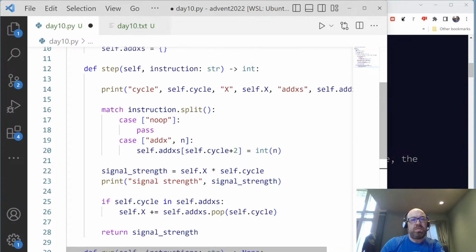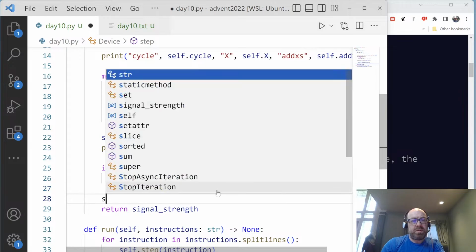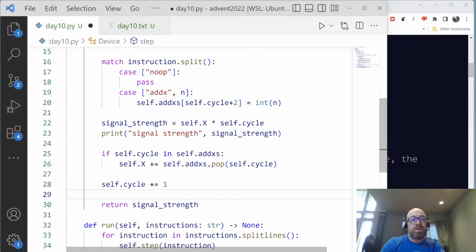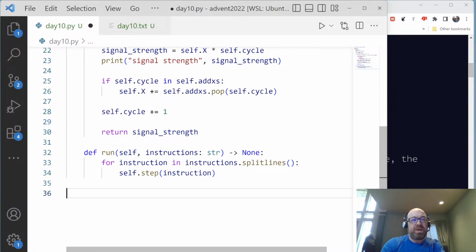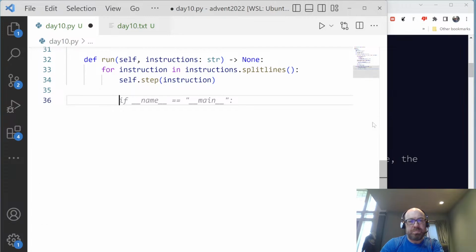Okay, and I didn't do that. That's smart. self.cycle += 1. And now the other thing is, what is going on here?